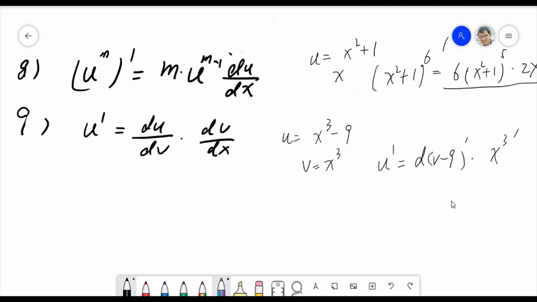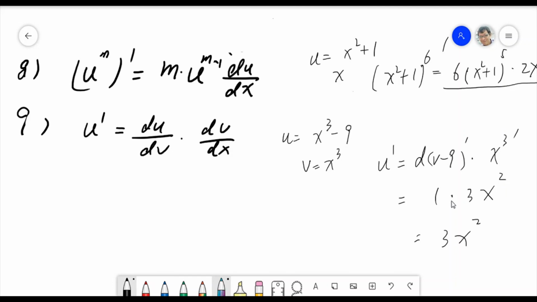So first it will be v minus 9 derivative, so it's 1, right? And then this one, x cubed derivative is 3 and then x to the second power, so it's 3x squared.